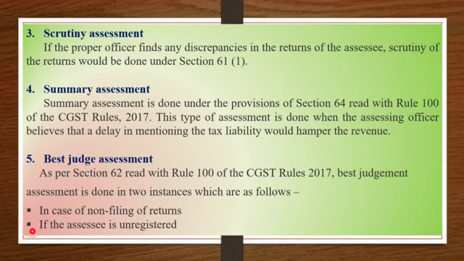Second instance is if the assessee is unregistered. It means if a taxable assessee is not registered or if the assessee's registration has been cancelled as per the provision of section 29 subsection 2, the proper officer would determine the tax liability of such assessees as per his best judgment.